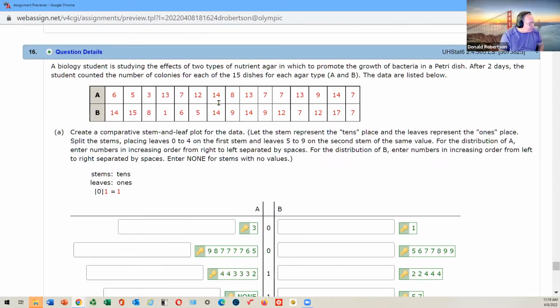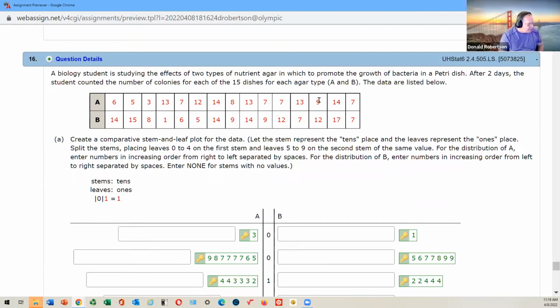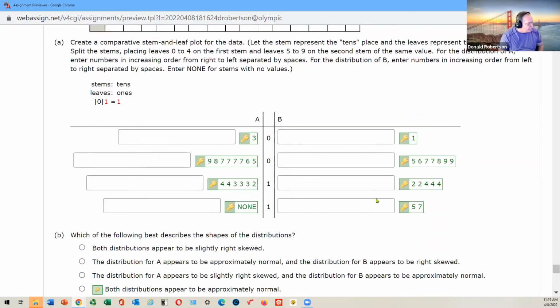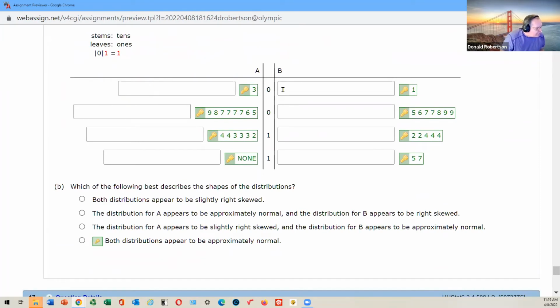On this side is all the numbers from experiment A, and on the other side is all the ones from B. Do you notice that starting at the middle and going outwards is how you order them?